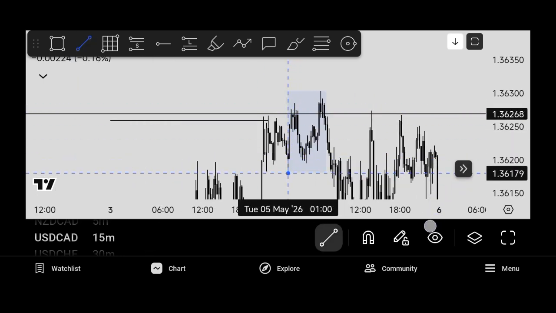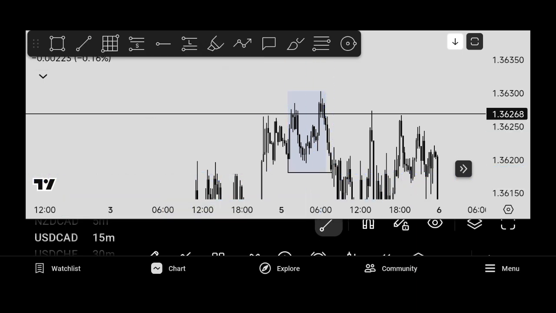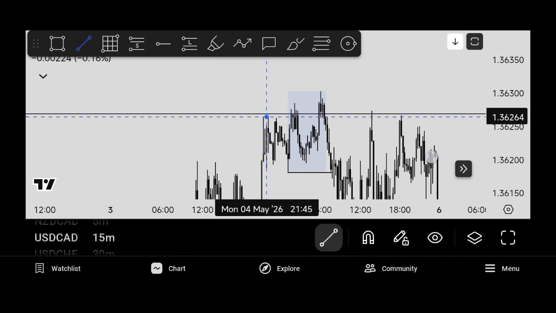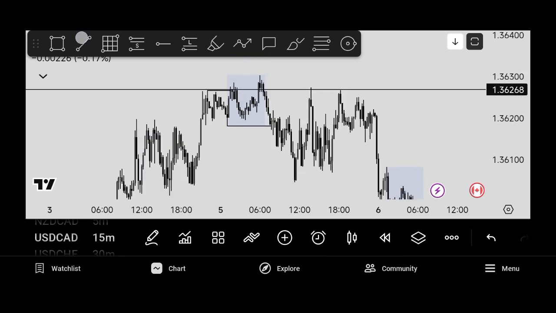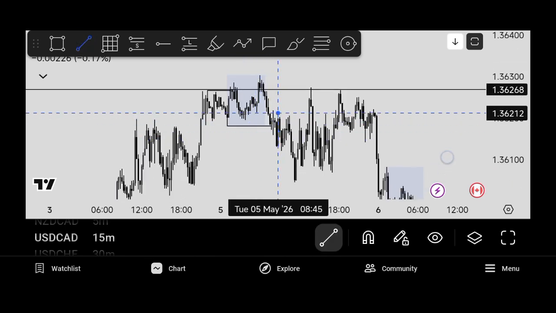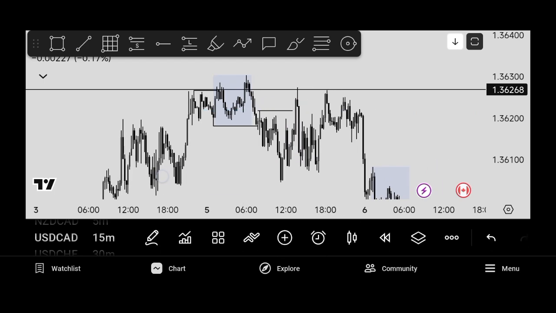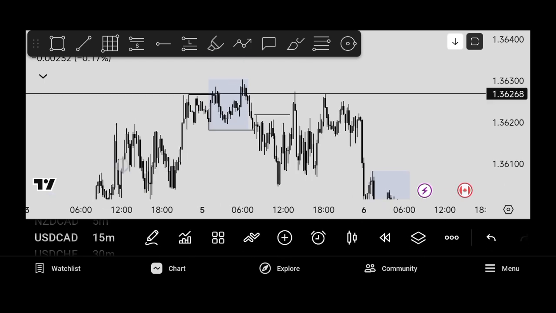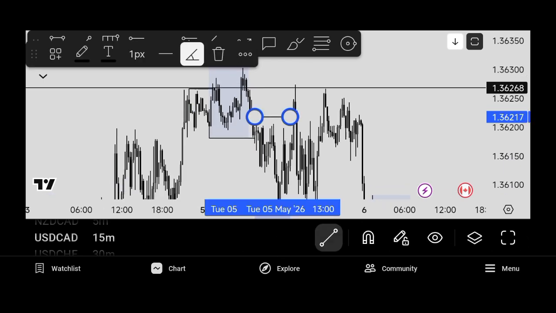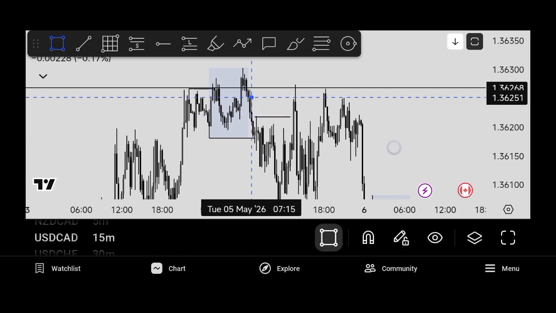We have a break of this low, and a sweep of this high. And what else do we have again? We have our engagement properly presented to us, and that was it. I took the trade directly from here.